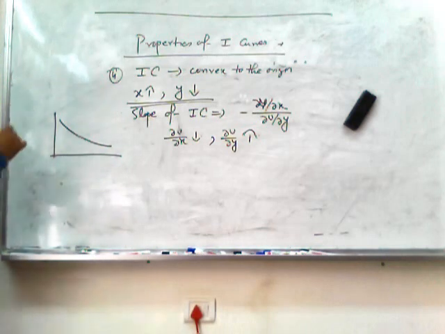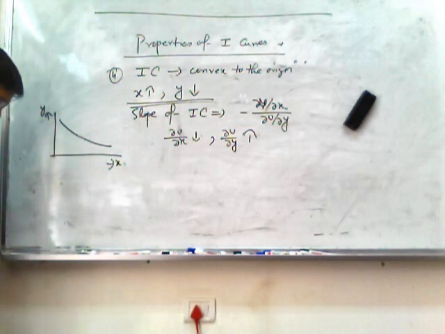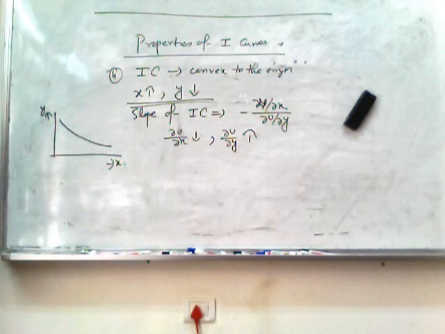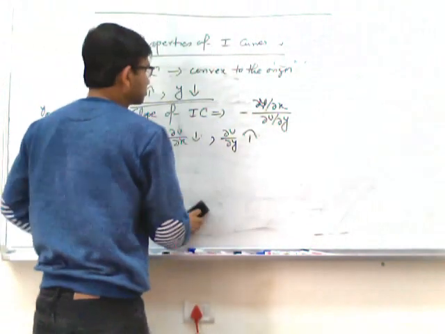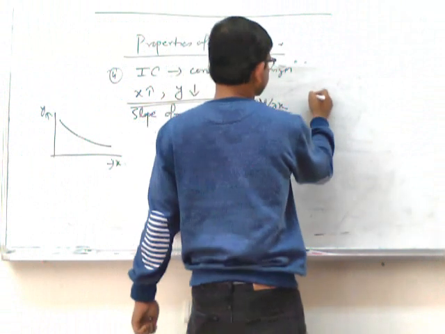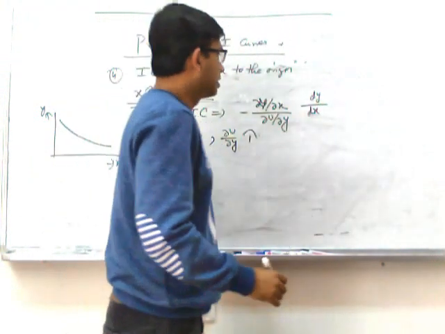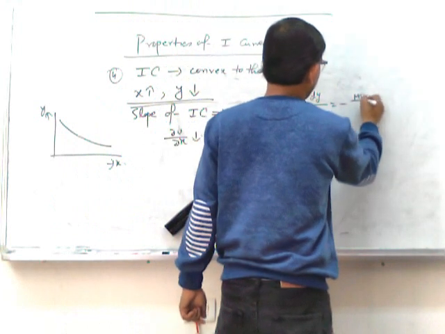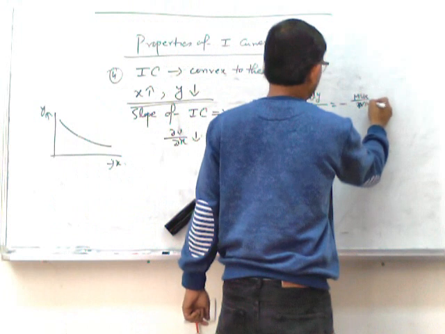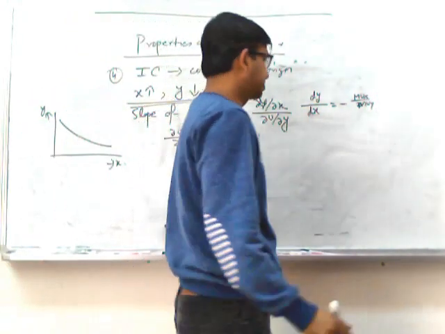So this is convex to the origin. We can prove it mathematically also. If we start from the slope of the indifference curve, it is given as equal to minus of MUx by MUy. So if we do the second order differentiation, what will we see?